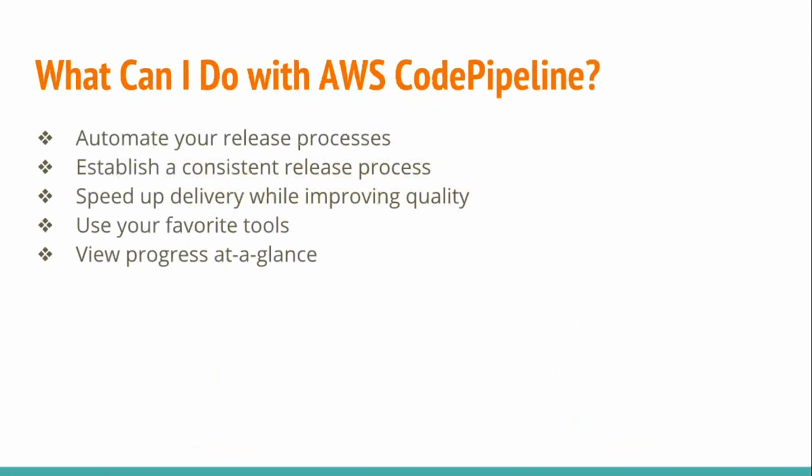Coming to automating your release process: AWS CodePipeline fully automates your release process from end to end, starting from the source repository till your production. What stages are there in this complete release process?